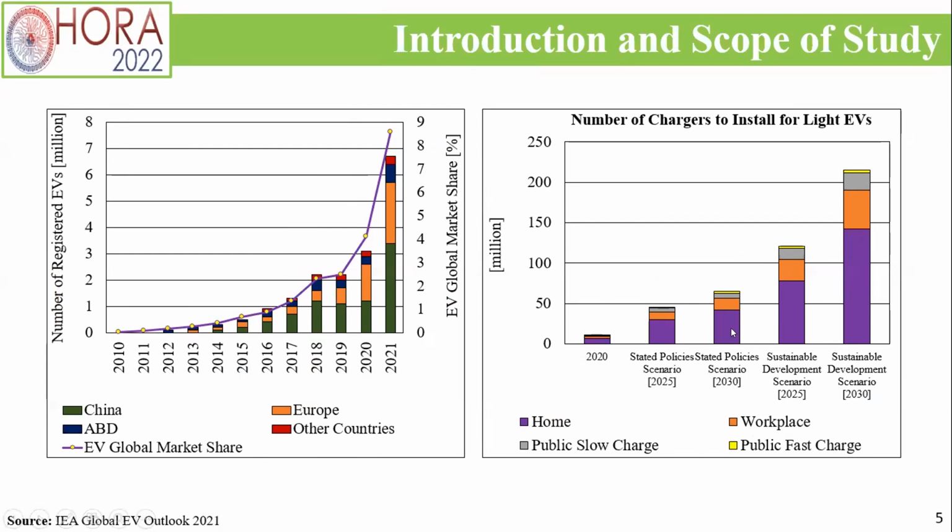Moreover, in the same reports, it is estimated that the number of EVs will increase to 145 and 230 million by 2030, according to two different scenarios, optimistic and pessimistic. Today, there are 1.3 million public EV chargers, of which 30% belong to the fast charging type.